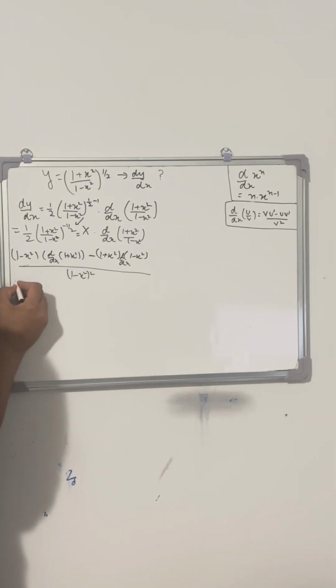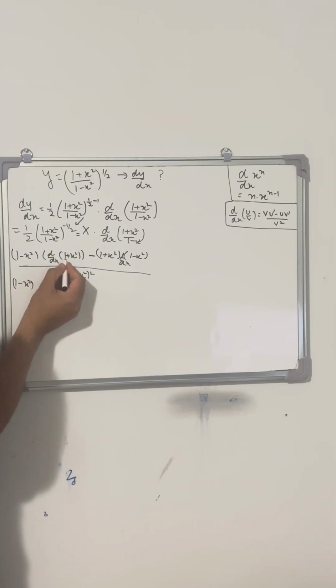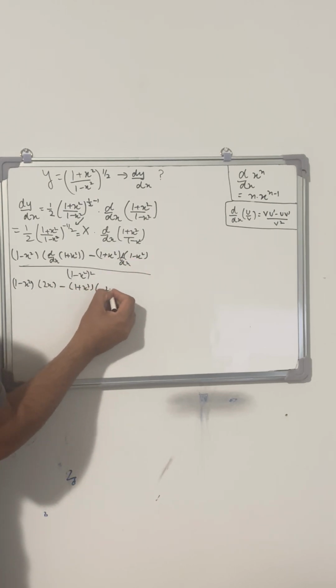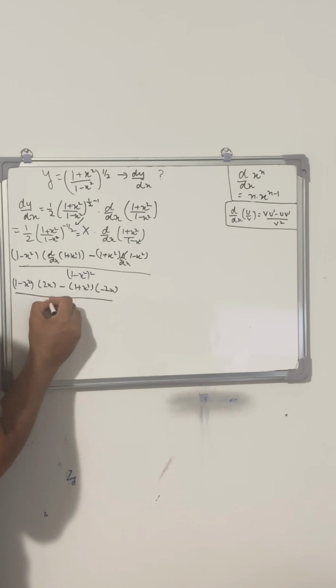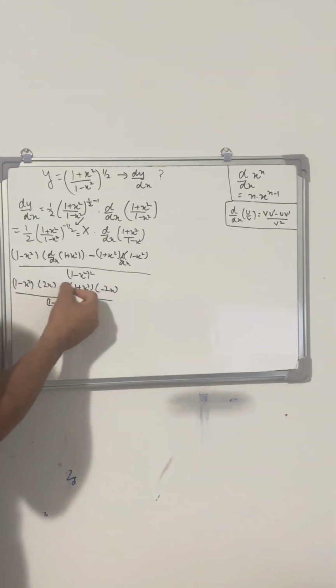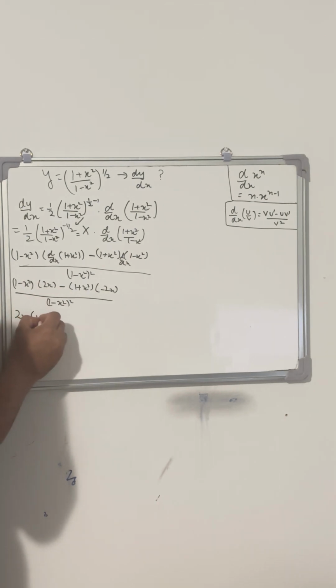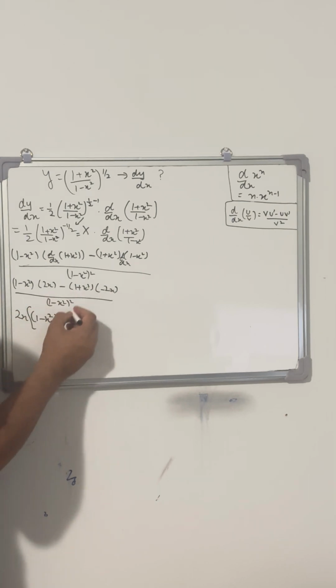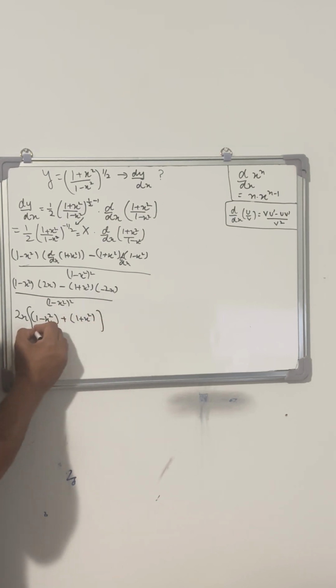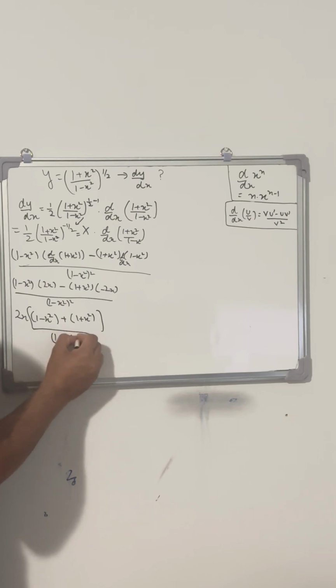So this is just the denominator and numerator differential rule. So this becomes 2x, because the differential of 1 is 0 and x square is 2x, minus (1 plus x square), and this becomes minus 2x, over (1 minus x square) whole square. And if I take 2x common, this becomes (1 minus x square), and then this minus will become plus, into (1 plus x square), over (1 minus x square) whole square.